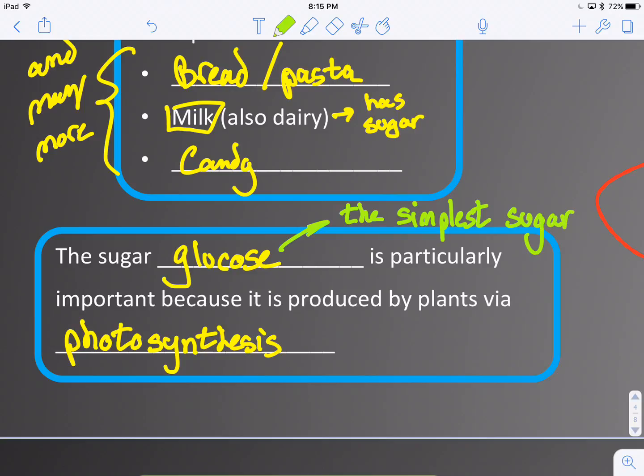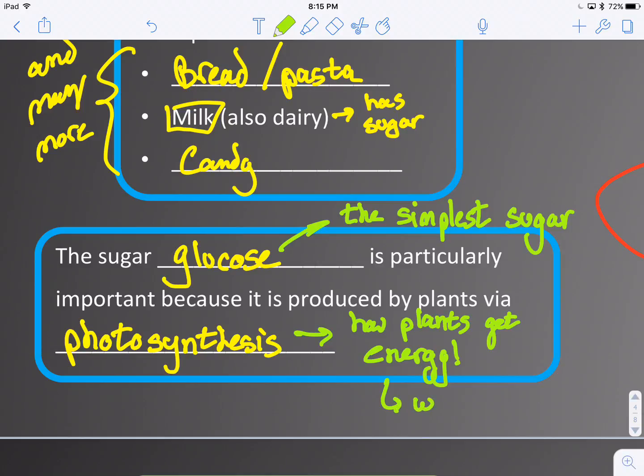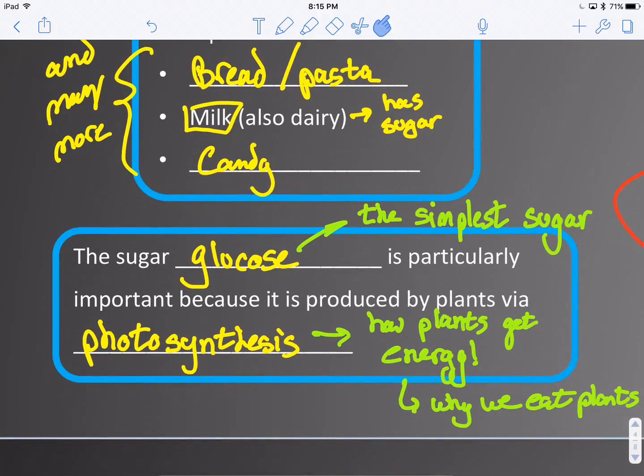Again, it's produced by plants in photosynthesis. So this is how plants get energy. Plants can't eat. They don't have mouths. So they have to undergo photosynthesis to produce the glucose that we eat. And that's why we eat plants. We don't undergo photosynthesis where we just make glucose. We have to eat these plants that actually produce the glucose.